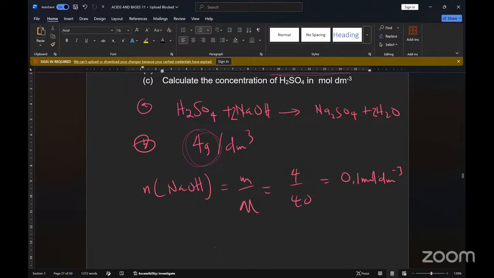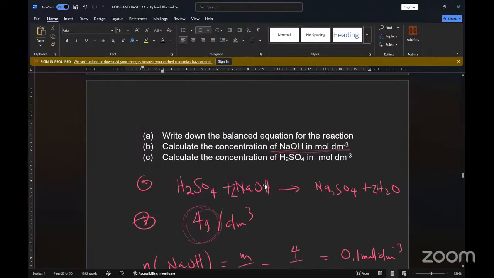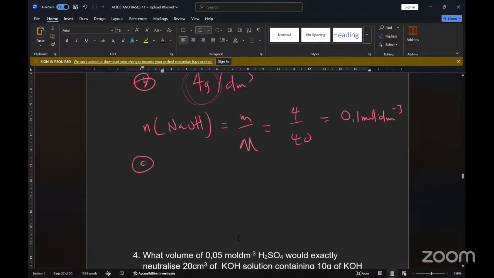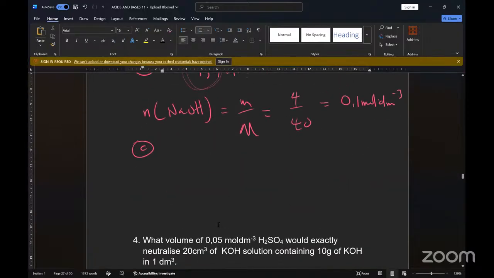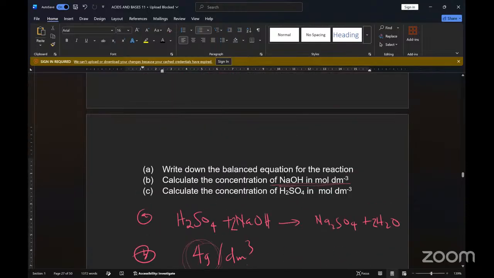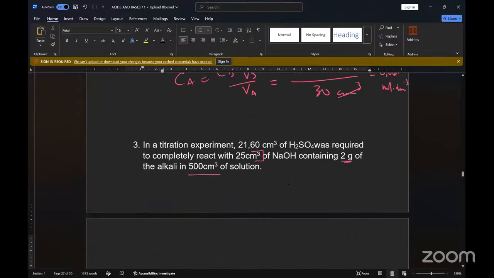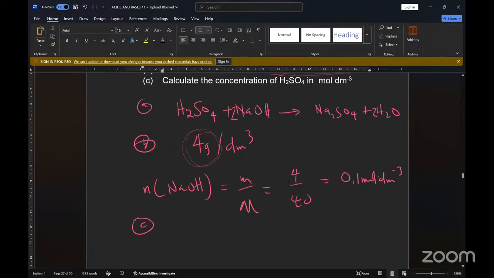Then the third question is C. The third question says calculate the concentration of the sulfuric acid. Now we know the concentration of the base. So we are going to use the previous formulas that we used to answer this.